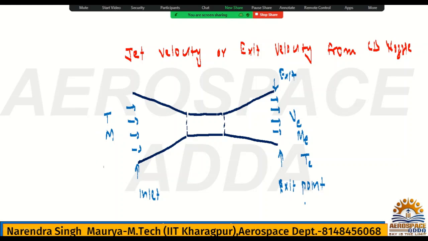Temperature will be T, Mach number will be M, and velocity will be V, because you might know the flow condition at the inlet, I mean the flow going inside the nozzle. That condition you must know, like the temperature, Mach number or velocity, density, pressure, everything.